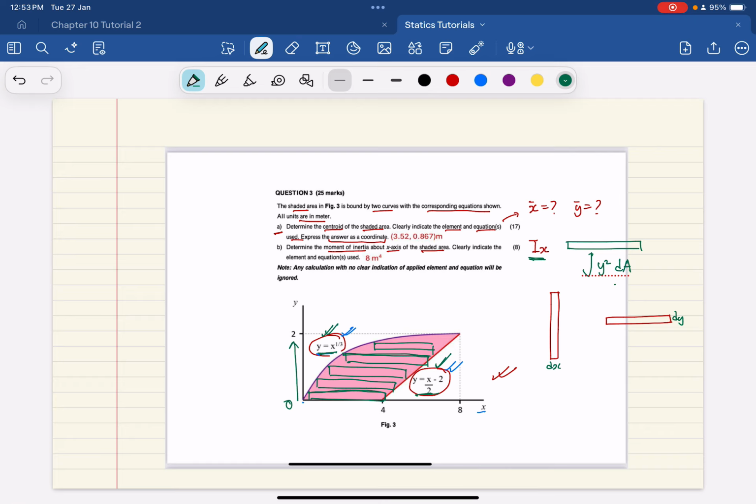So for Ix, the moment of inertia about the x-axis, if you want to find the integral of y squared dA, we will take the horizontal element in this case. That's why I suggest to go with the horizontal element for both A and B. It'll make your life so much easier. So without further ado, let's go and solve for both parts.